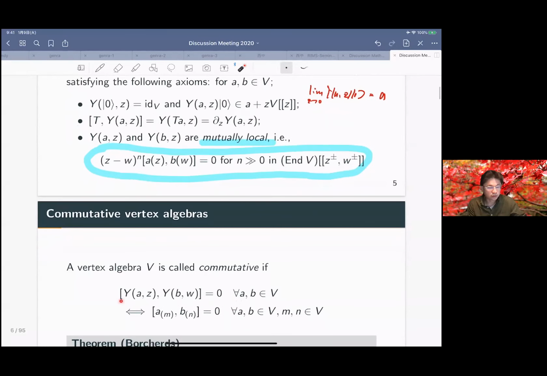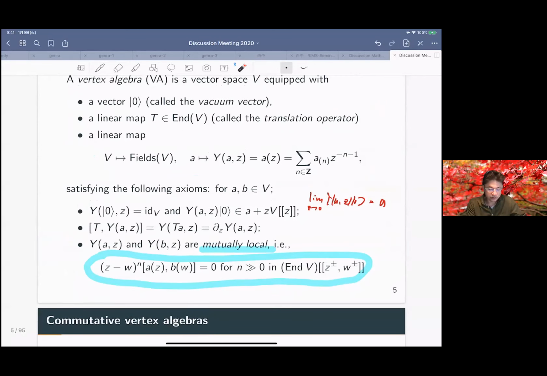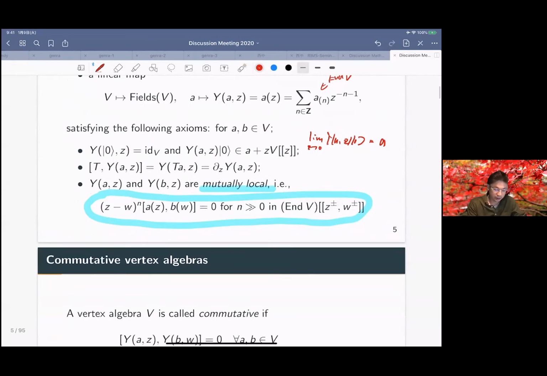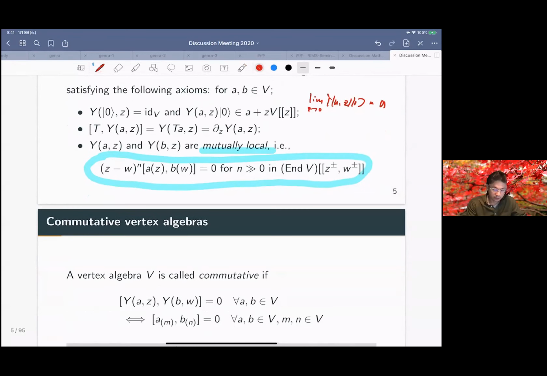So this is the condition. In terms of Fourier modes, this means that the bracket of any a_m and b_n, which, I forgot to say, are operators on V, always commutes. So I think it makes sense to call it commutative.